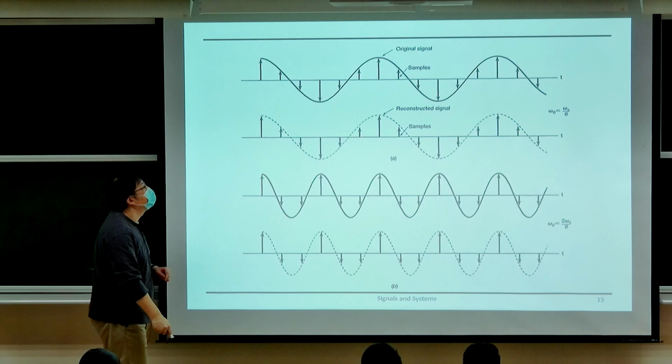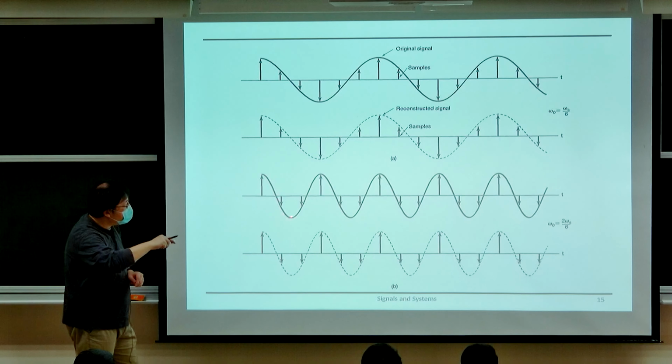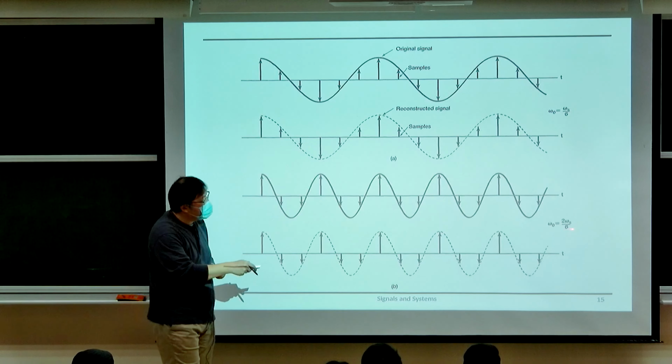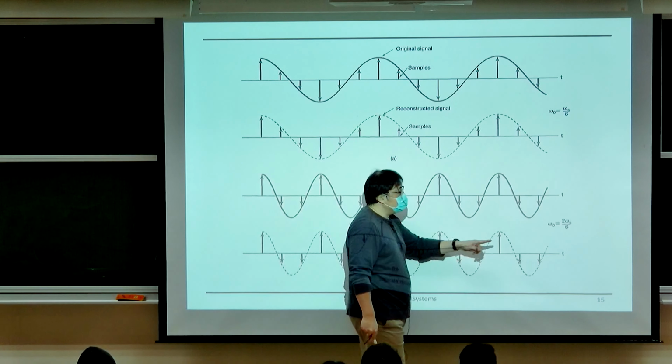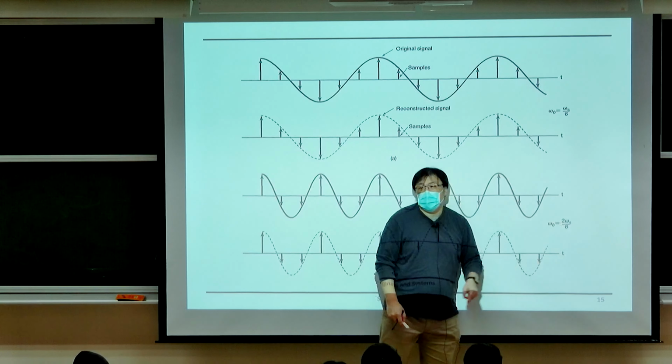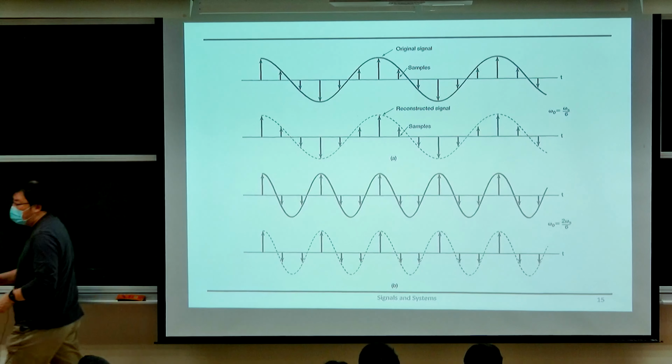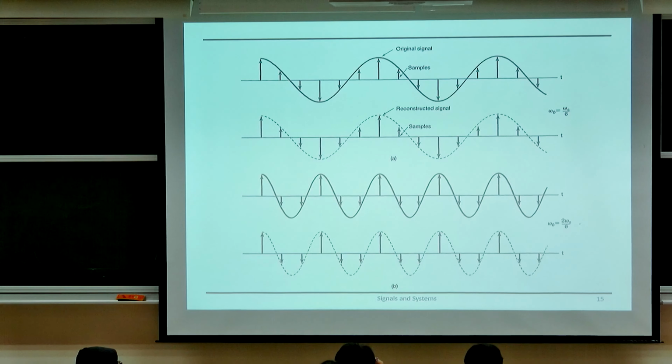Okay? Now, you can increase the frequency of the sinusoid slightly to, let's say, 2 omega s over 6. Now, this is still smaller than omega s over 2. Okay?